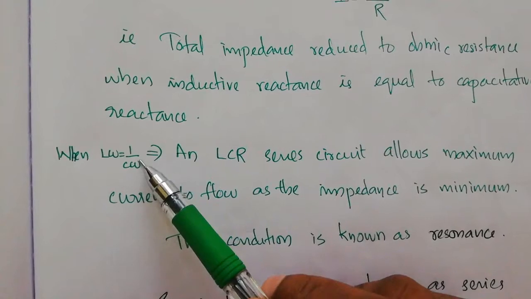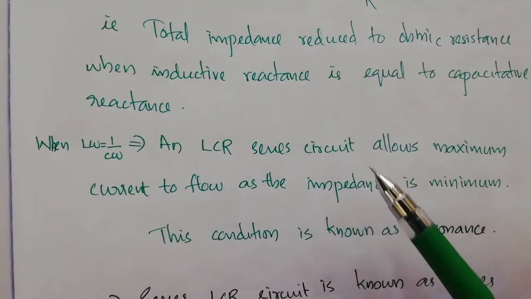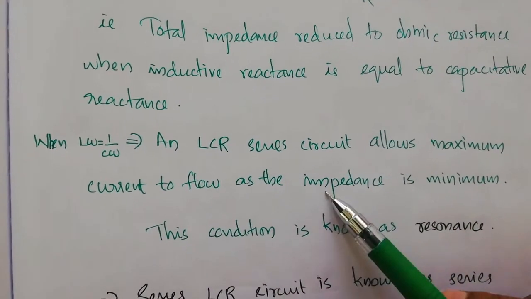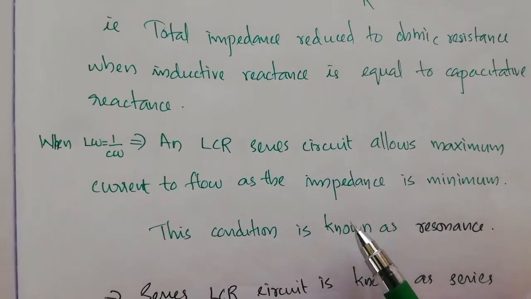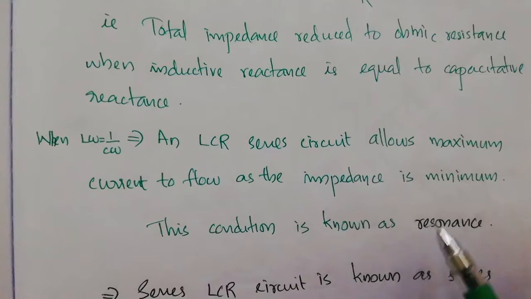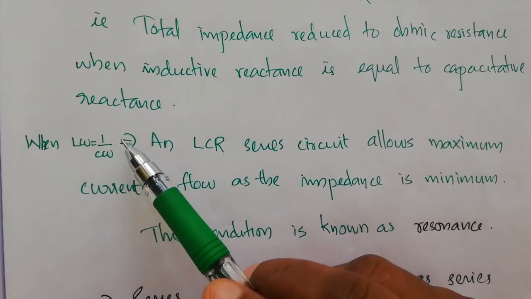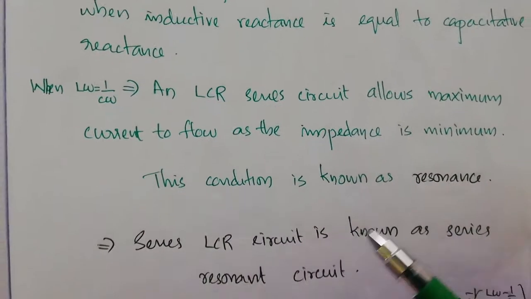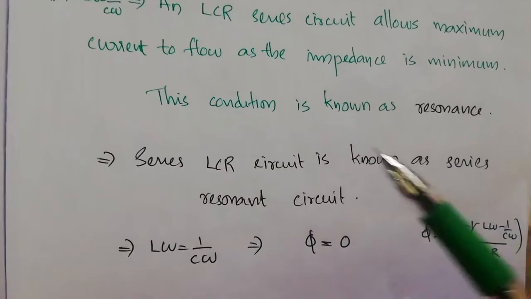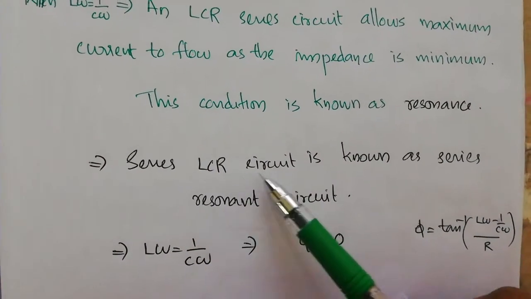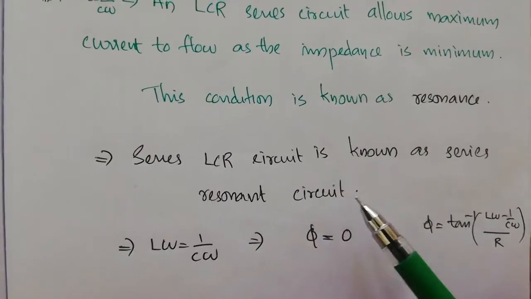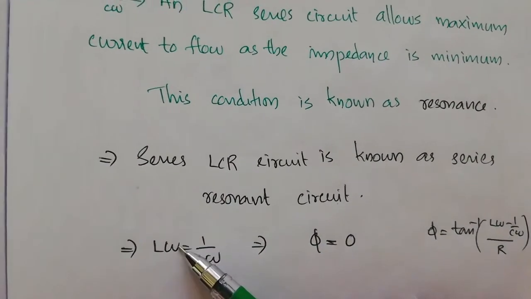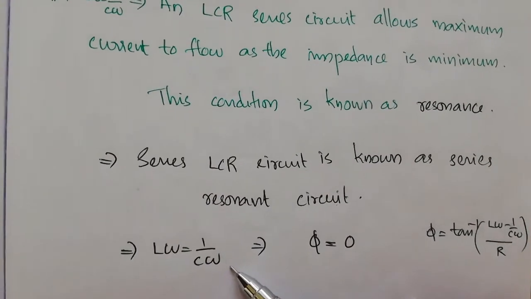And also at that condition, an LCR series circuit allows maximum current to flow as the impedance is minimum. This condition is known as resonance condition, that is L omega is equal to 1 by C omega. In this condition, there are more properties. The series LCR circuit is known as a series resonance circuit, as L omega is equal to 1 by C omega is the resonance condition.